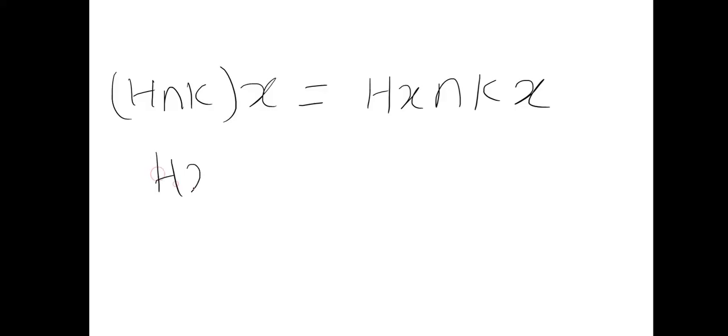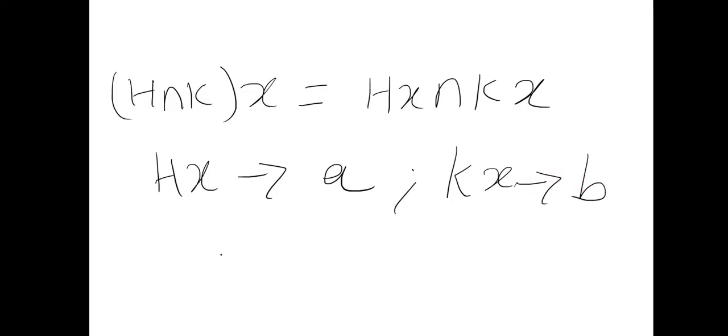How many distinct Hx do I have? That is the index, no? And how many distinct Kx can I have? That is how many distinct left cosets of K I have, which is equal to the index of K, that we have taken to be b. Then how many possible values of intersection of Hx and Kx can we have?